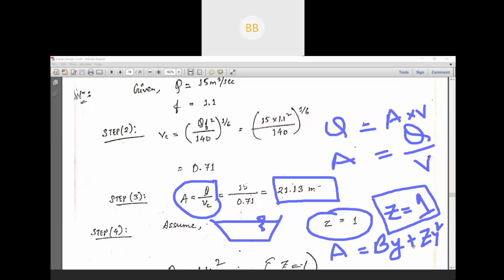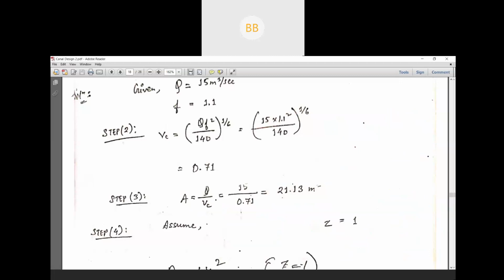This is the area equation of a trapezoidal channel. In this equation, we know the area, which we have already calculated, 21.13. The width of the channel is not known and y is also not known. Z is known to us.